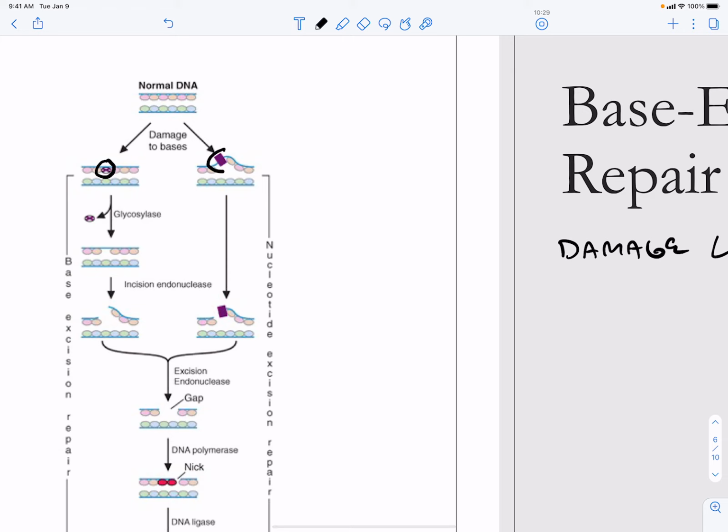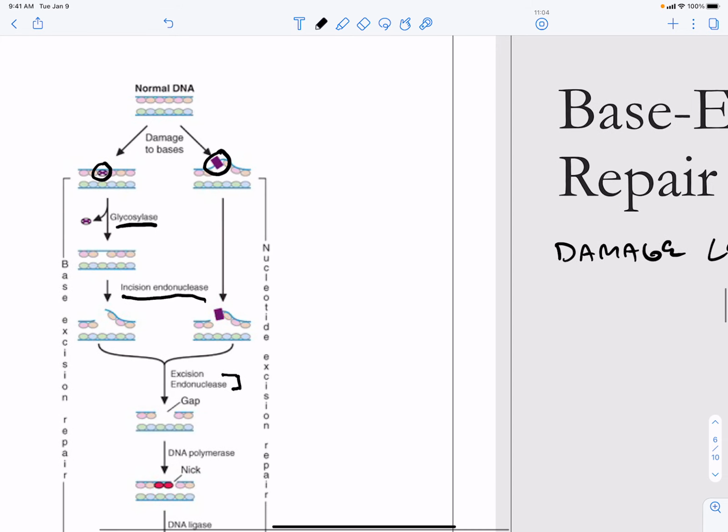It can cause a distortion of the DNA, so a change in the actual structure of the DNA. In the case of a lesion that does not change the structure, you have to have specific glycosylases that are going to be able to recognize that lesion and eliminate it. In the case of a distortion that is structural, you simply have to use an excision endonuclease to cut that, and you excise it and form a gap.